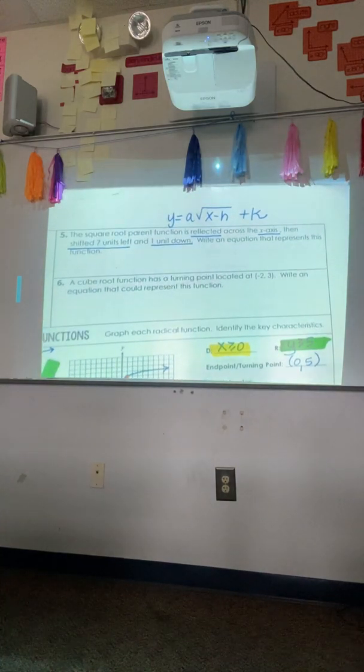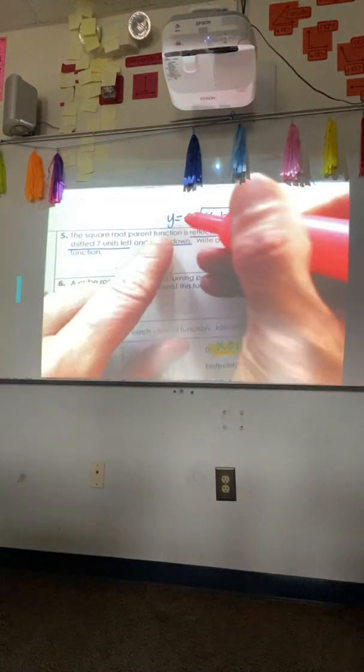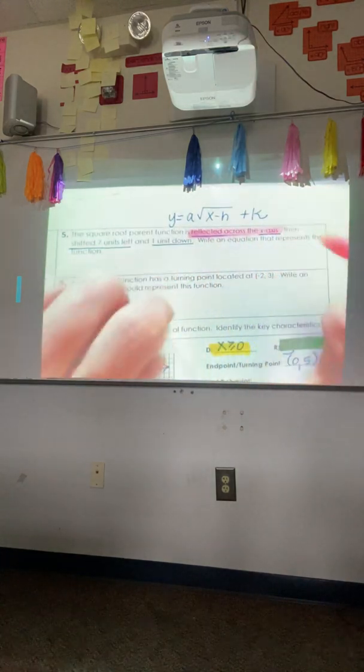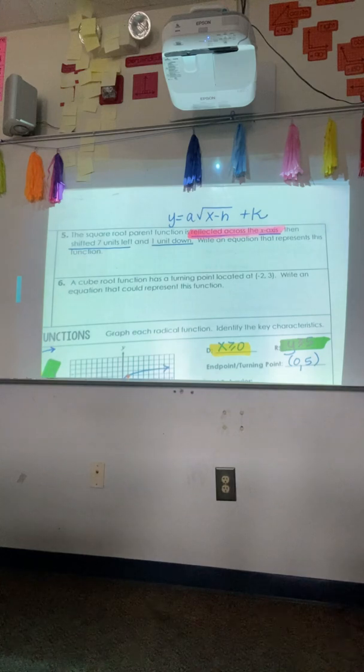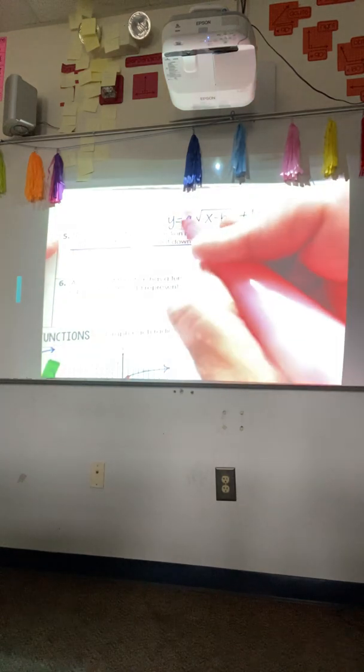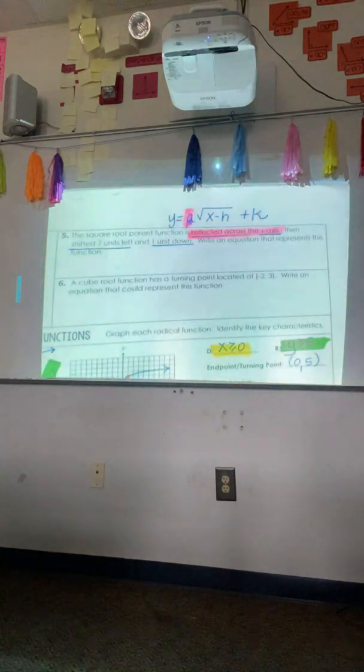I have to match where everything goes. For a reflection, which variable do I need to use? A negative, and which variable: a, h, or k? A. So I'm going to put a negative in there for a.